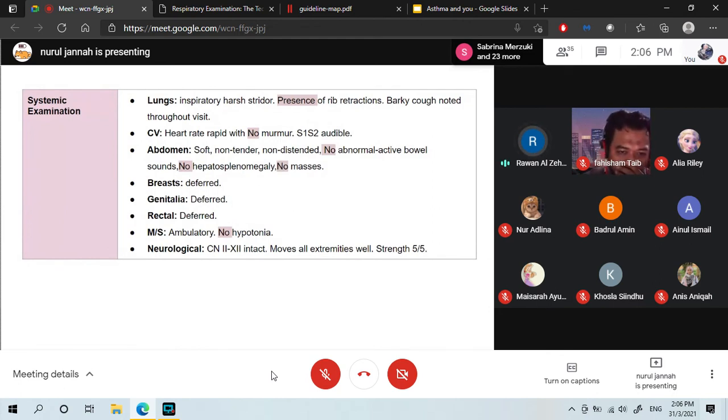Breast, genitalia, and rectal are deferred. For musculoskeletal system, no hypotonia. Neurological: cranial nerves 2 to 12 intact, moves all extremities well, and strength was 5/5.